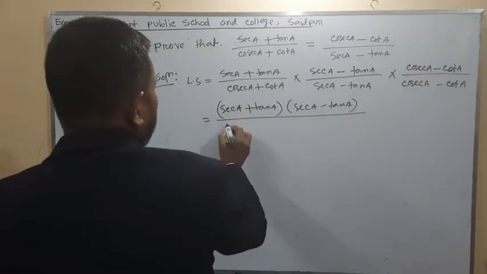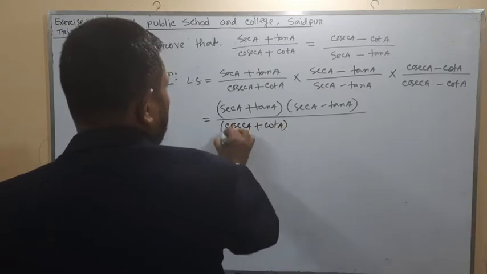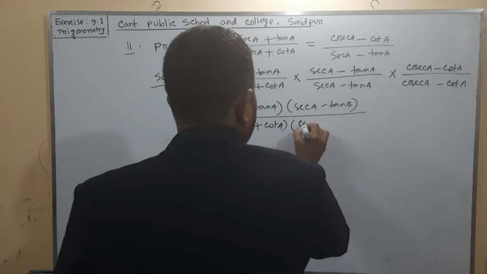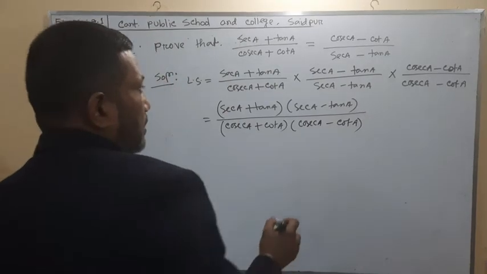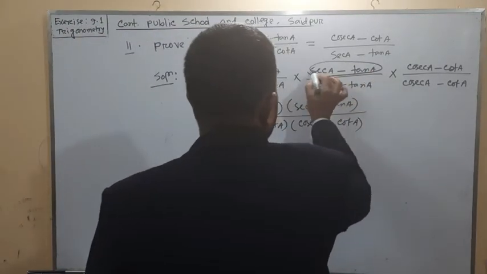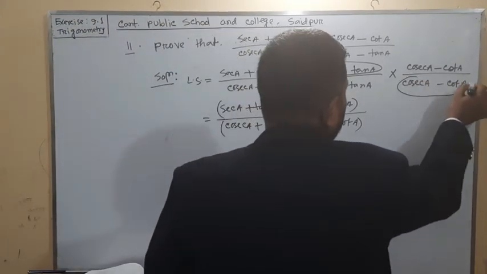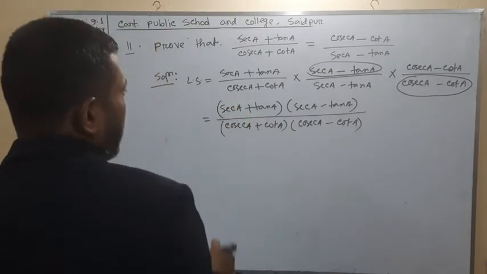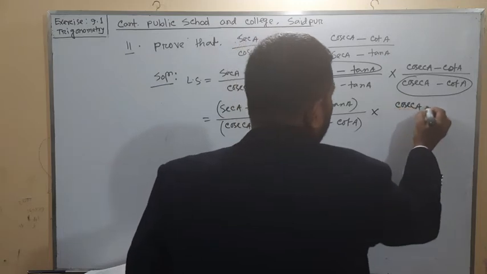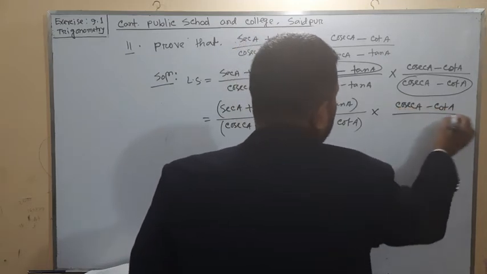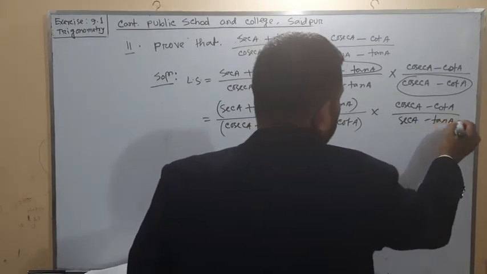Similarly we write here cosec a plus cot a, here cosec a minus cot a. I am writing this sec a minus tan a with sec a plus tan a, and cosec a minus cot a with cosec a plus cot a. Then we get here cosec a minus cot a divided by sec a minus tan a.